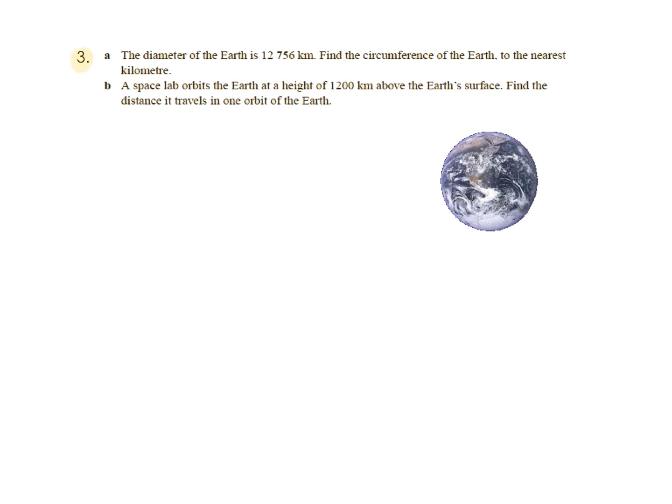What do we need to write down? Diameter of Earth is that. We need to find the circumference of the Earth to the nearest kilometer. Okay, and then B, Spacelab orbits the Earth at a height above the Earth's surface. Find the distance it travels in one orbit of the Earth.